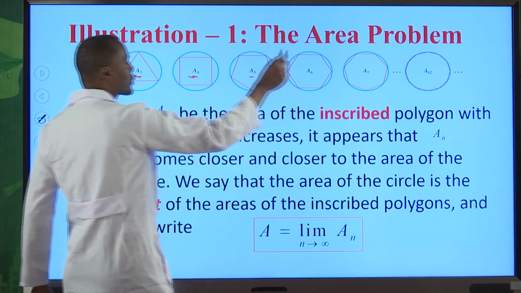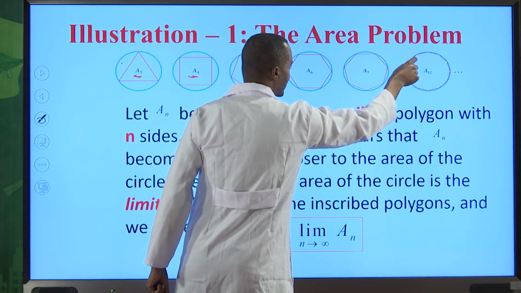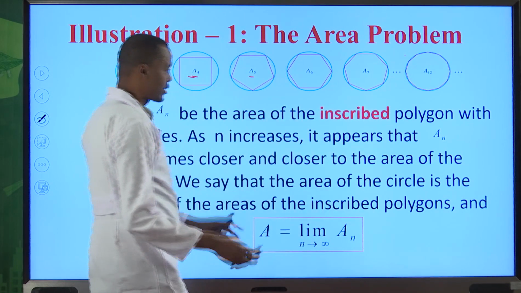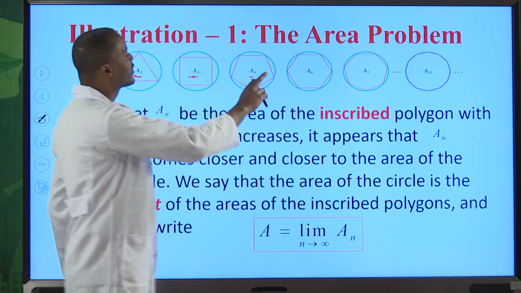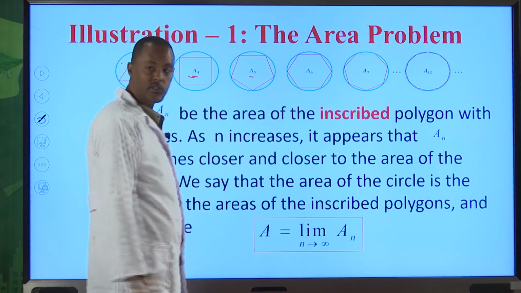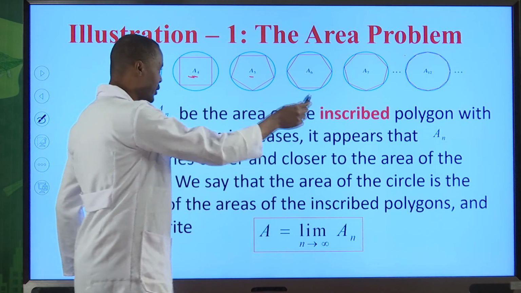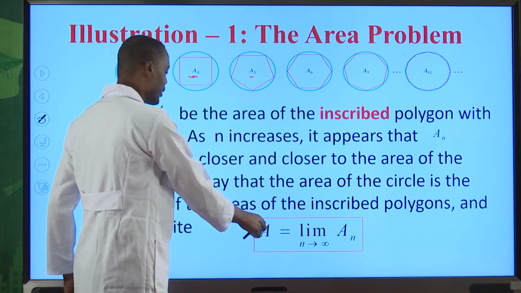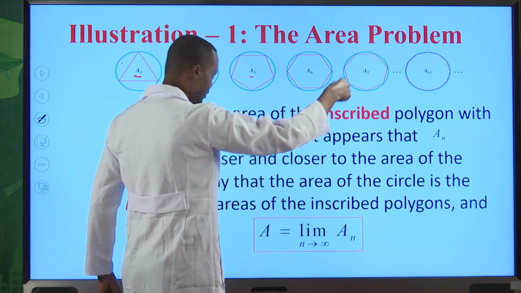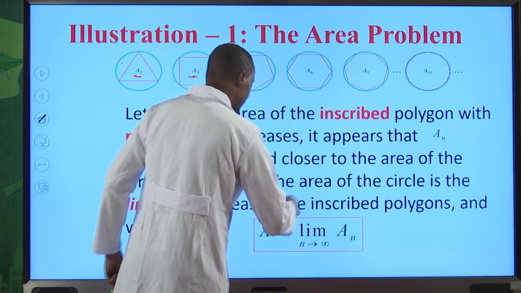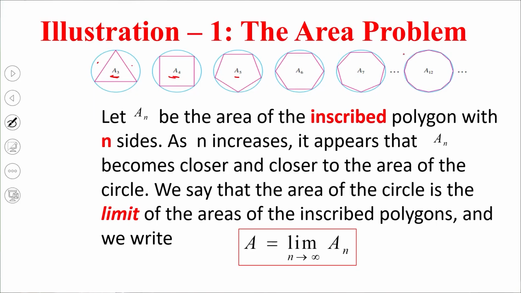As we go from 3 to 12, as you observe, the area left between the circle and the polygon is highly diminished. What if the number of sides of that polygon goes to infinity? By then, the area of the polygon will be equal to the area of that region, that is the circle. So this is the way the concept of limit is introduced.